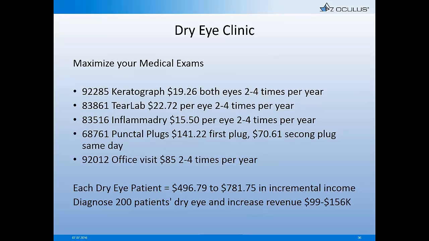So if you diagnose 200 patients that are already in your practice, that's $99,000 to $156,000, and it's net. This is not the gross. This is your net after paying for everything.